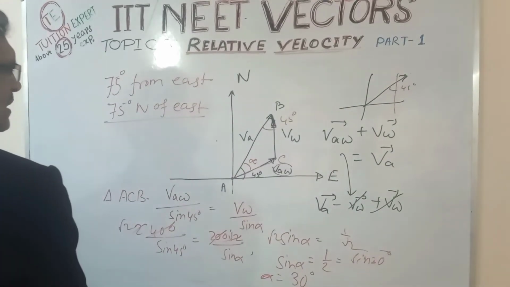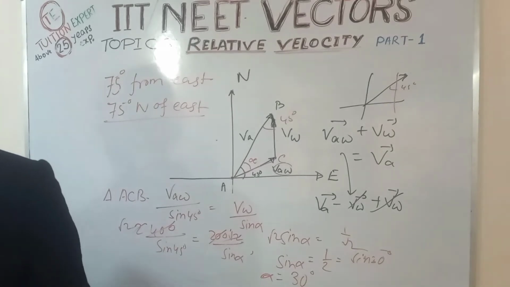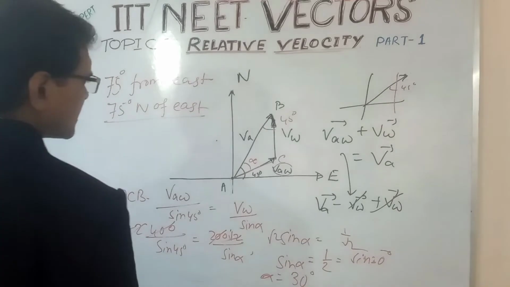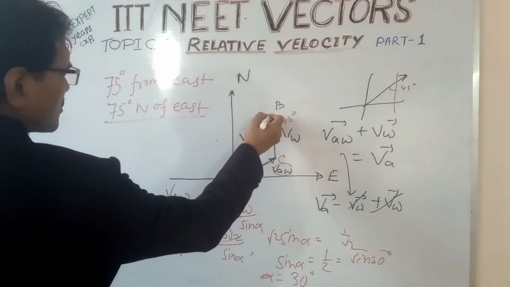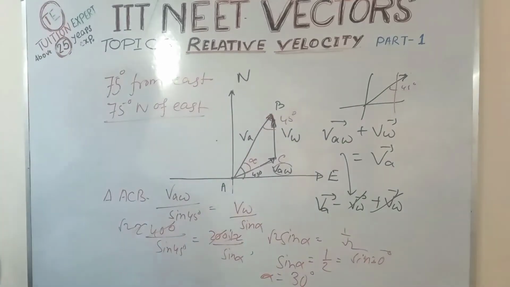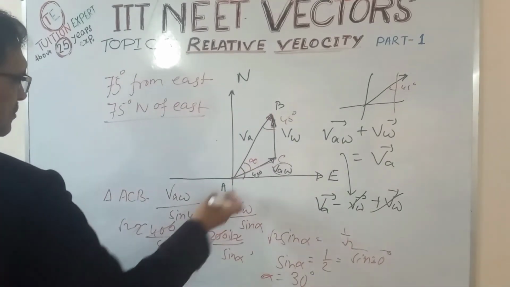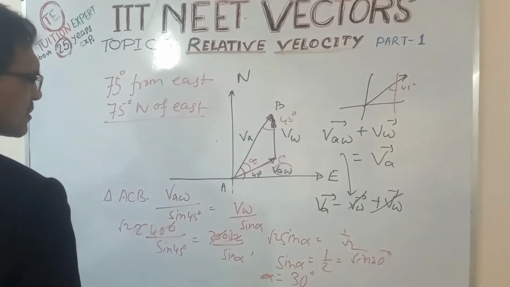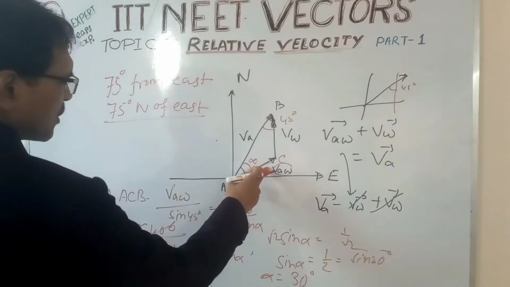Now to find the value of VA and time taken, we first find VA, the actual velocity of A. Velocity of A with respect to wind, that is when wind is zero velocity, then this is the velocity of aircraft.